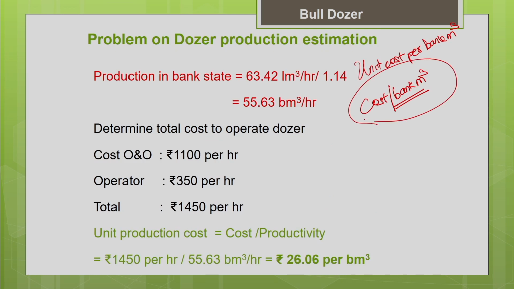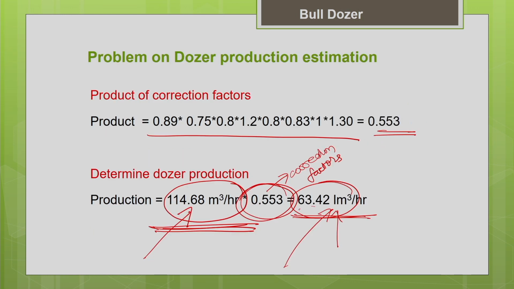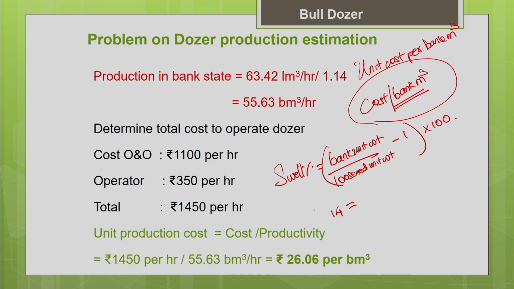So the same swell percentage formula you can use for the conversion. So your swell percentage is nothing but bank unit weight by loosened unit weight minus 1, into 100. Okay. So the swell percentage is 14 for the soil, and one more thing is, here it is in volume, loose meter cube, but the formula is in unit weight, density.